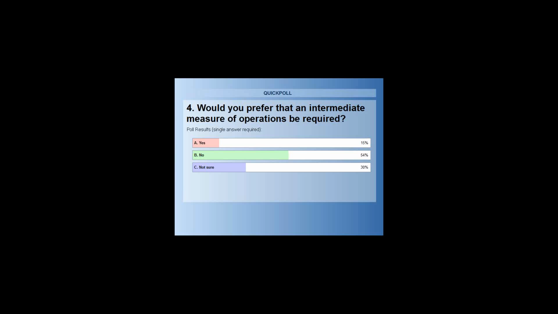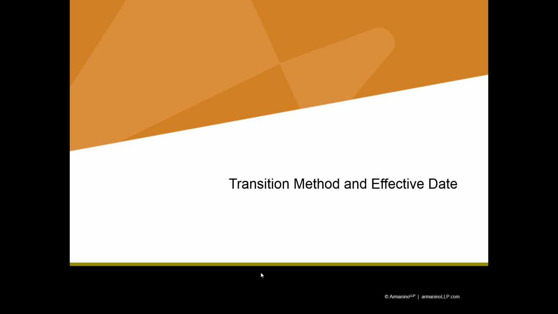Looks like more than half said they wouldn't prefer it. Yeah, so it seems like nobody's jumping at the bit to implement this measure of operations as soon as possible. So I think that's why it's deferred to phase 2. I think many of the comment letters have expressed the same thing.